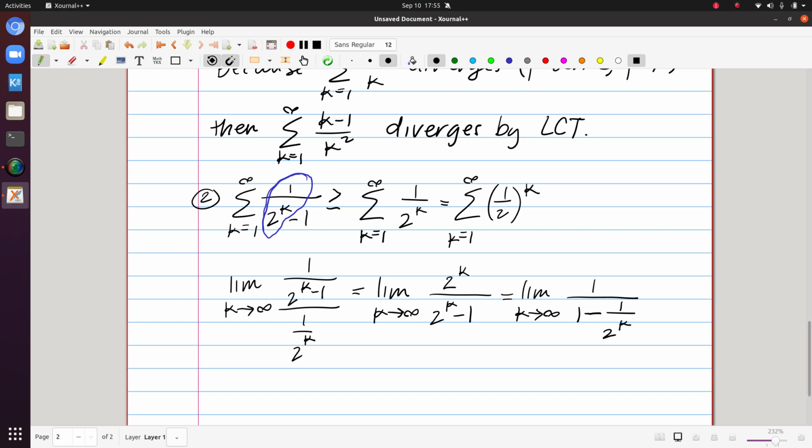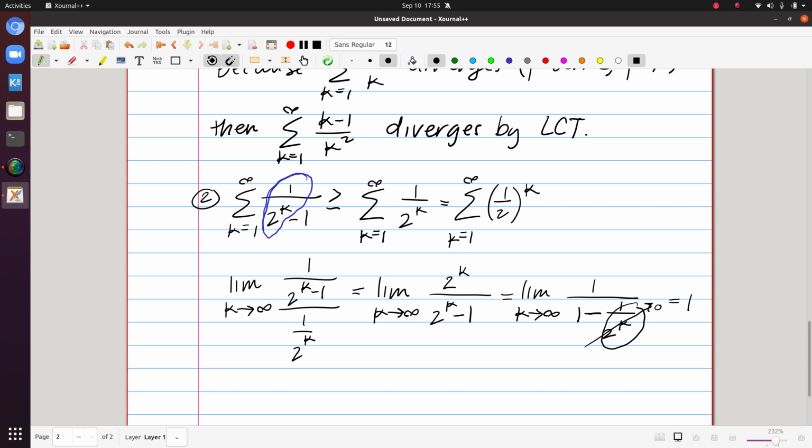Now, to be clear, where did I get that? I can take the limit I have in the middle here and divide both the numerator and the denominator by 2 to the k. If I do that to the top and the bottom, I'm not changing the limit. And in doing so, it makes it easier to see what this limit approaches, because as k goes to infinity, this is going to go to 0. Consequently, this limit becomes 1.